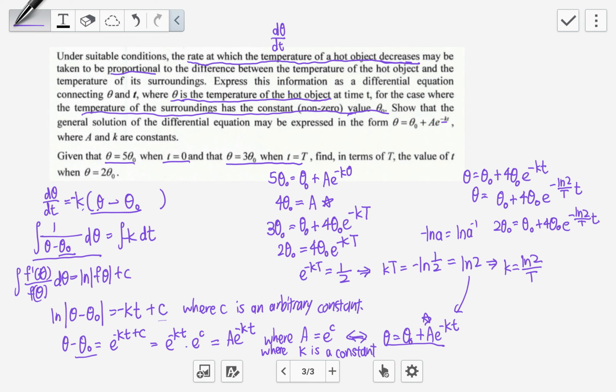Okay, and this one will mean that 2 theta naught minus theta naught is theta naught. Theta naught divided by 4 theta naught is 1/4. And the exponential I bring over will be ln 1/4 equals minus ln 2 over big T times t.